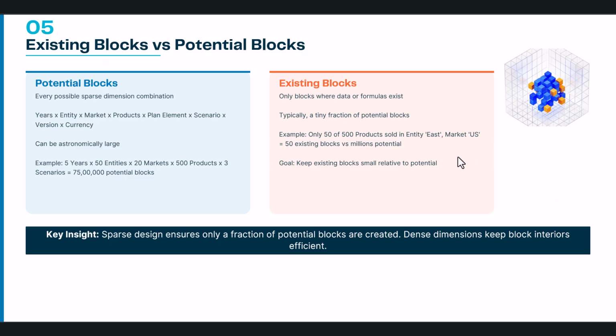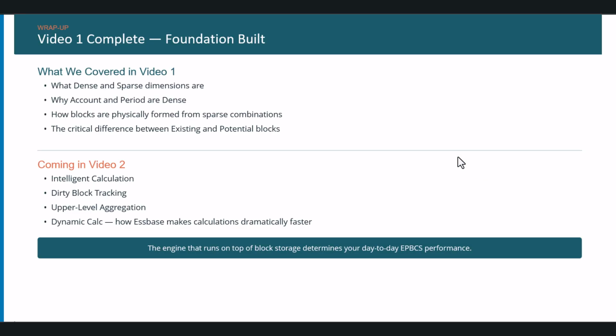And that wraps up this video session. We have now built a complete conceptual foundation for EPBCS block storage. We understand what dense and sparse dimensions are, why account and periods are dense, how blocks are physically formed from sparse combinations, and the critical difference between existing and potential blocks.